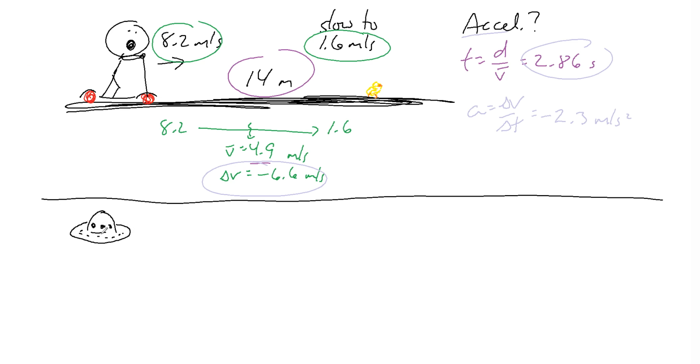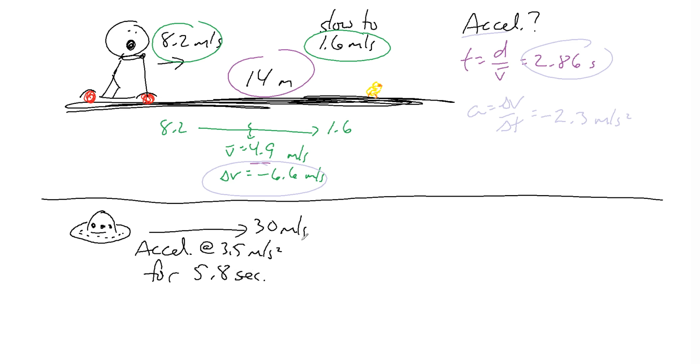All right, so it's traveling along and moving along, and let's say it accelerates at 3.5 meters per second squared for 5.8 seconds, and it reaches 30 meters per second over here.